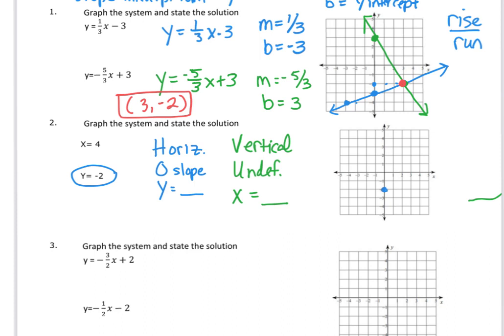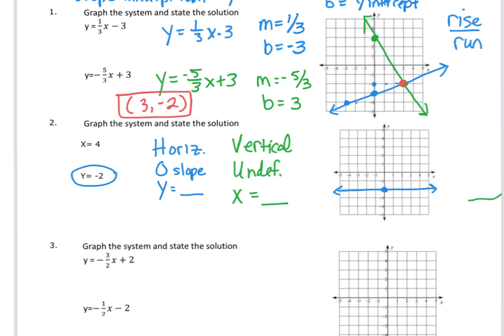So here's y equals -2. And then I know it's a horizontal line, so it goes like this. Okay. Now, x equals 4 is VUX. So this is going to be my x equals 4 right here.